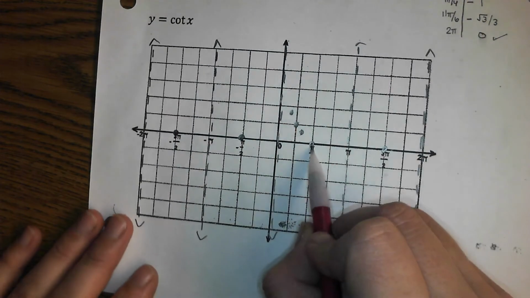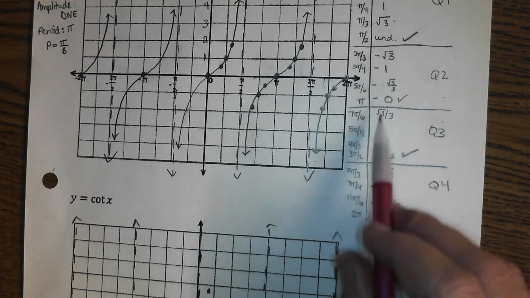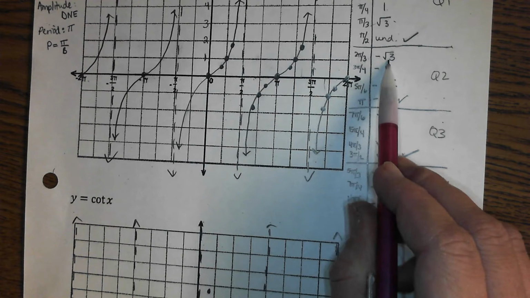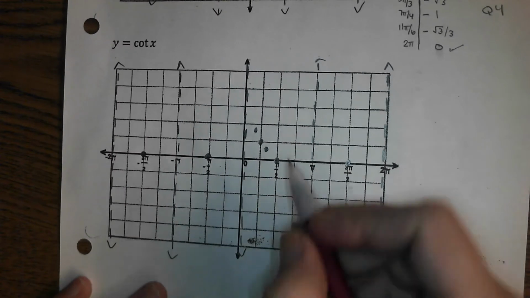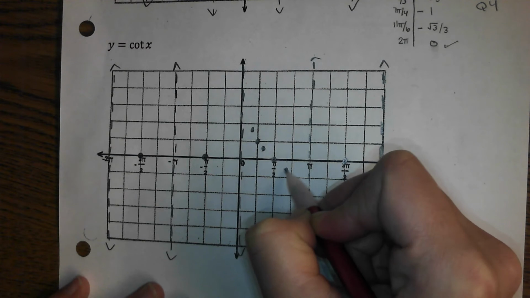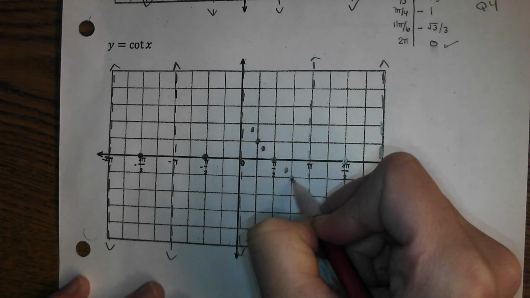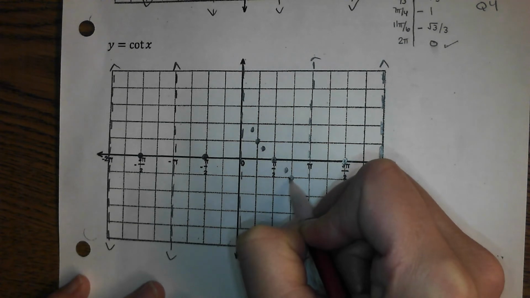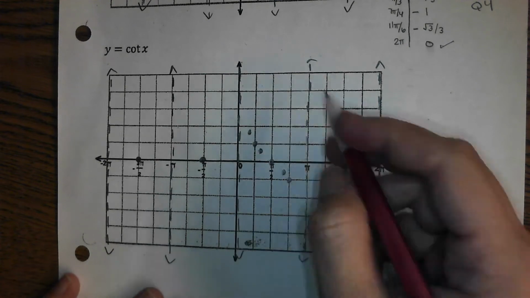And then we hit the 0. And then the reciprocal of 2 pi over 3, this negative root 3, is going to be negative 0.6. The reciprocal of negative 1 is still negative 1. And the reciprocal of negative root 3 over 3 is negative 1.7.